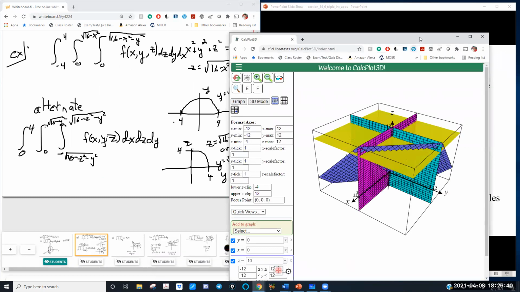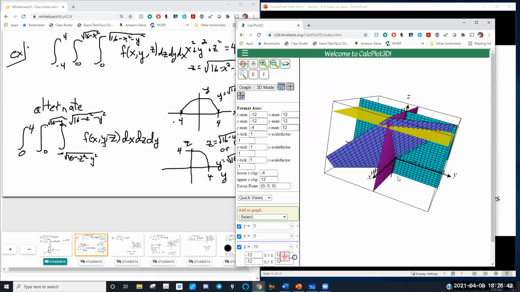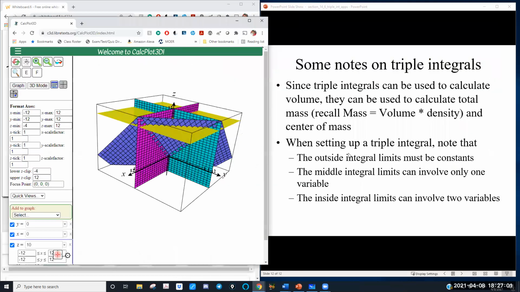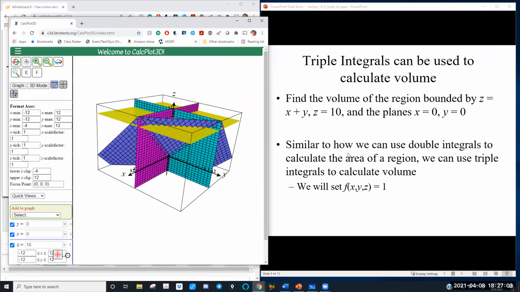When you're looking at a graph like this, what are you looking for to say, oh, this angle's like 3 plus y, or z equals 3 plus y, or this angle's this? What are you looking for?